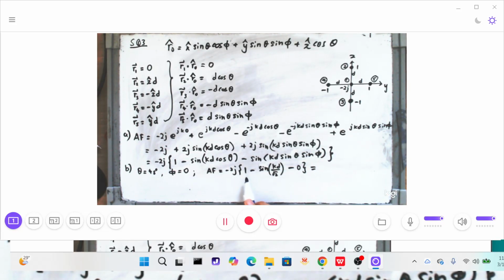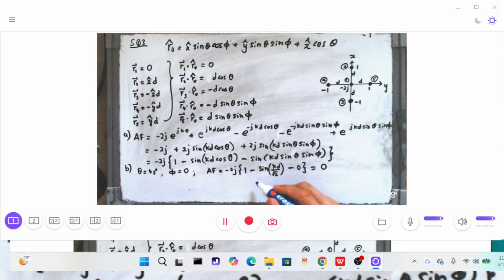And let's do further calculation. We want the null to occur at this point, so we write down 0 at this point. So in this case, we have a very simple equation. Obviously, you need to solve this equation.